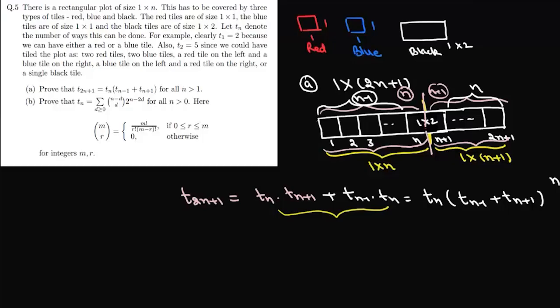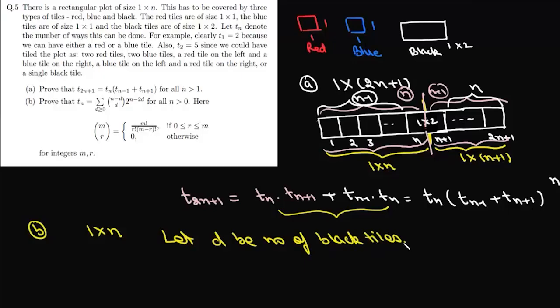Now the second part is, prove that Tn is equal to the summation over d greater than or equal to 0 of (n-d choose d) times 2 to the power n-2d, for all n greater than 0. Now for the second part, we have this plot of size 1 cross n, and let d be the number of black tiles that we have used.